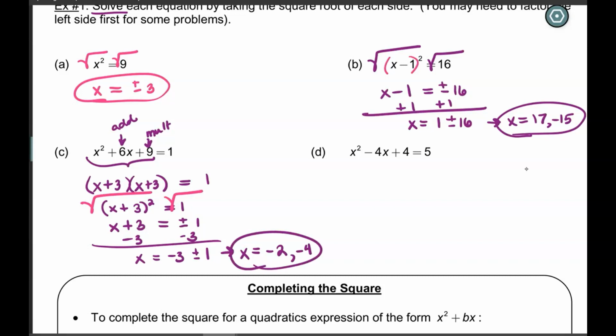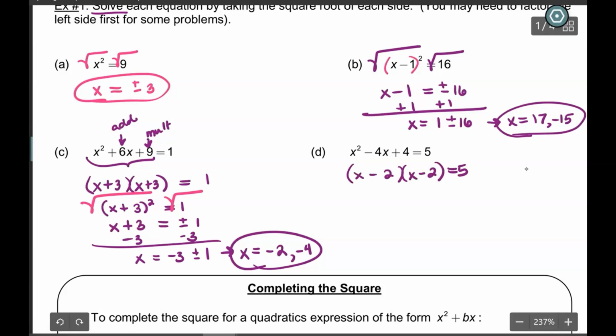Okay. D, x squared minus 4x plus 4. So if we try to factor that, that's going to be x minus 2 times x minus 2, or x minus 2 squared, right? Again, multiply together to give us 4, and then combine to give us a negative 4.